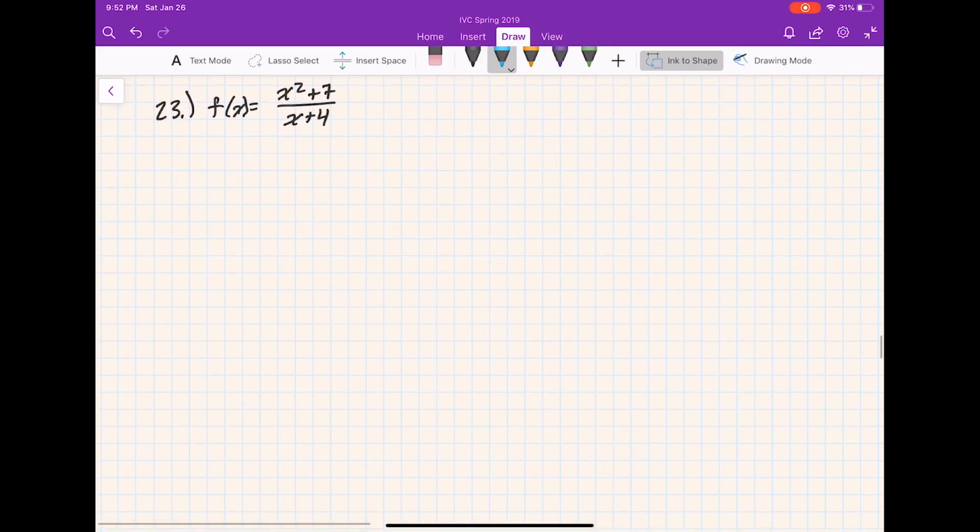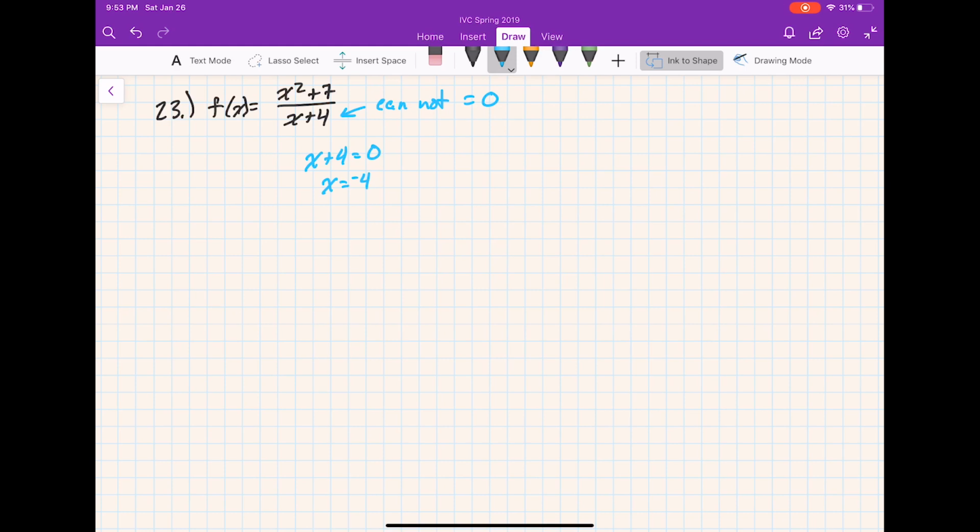And f of x is equal to this formula. Well, this portion here cannot equal 0. So let's just set a formula for that to be 0. And we find that x, in this case, would be equal to negative 4.